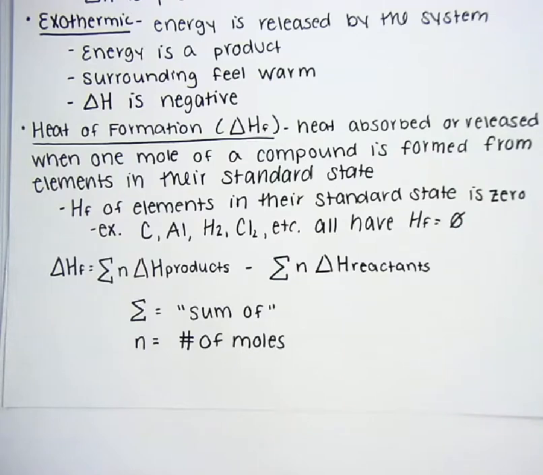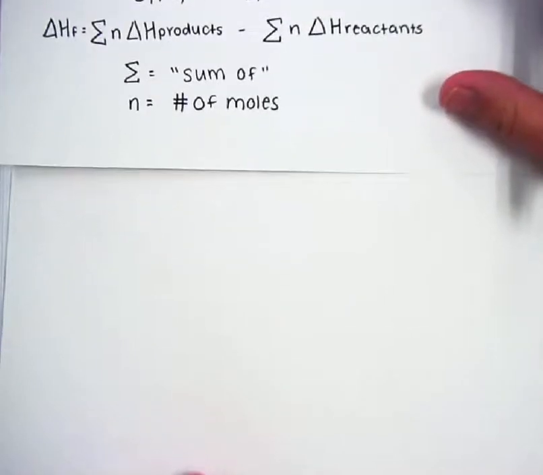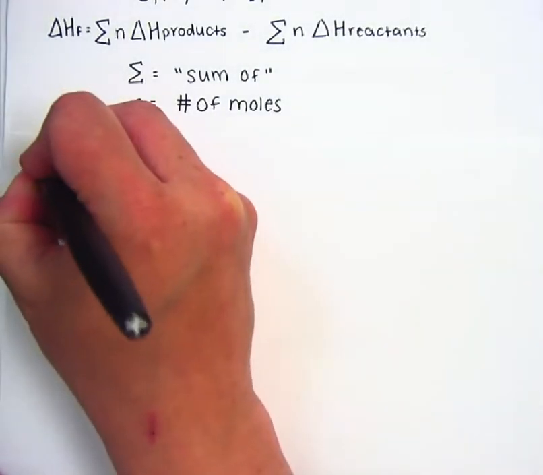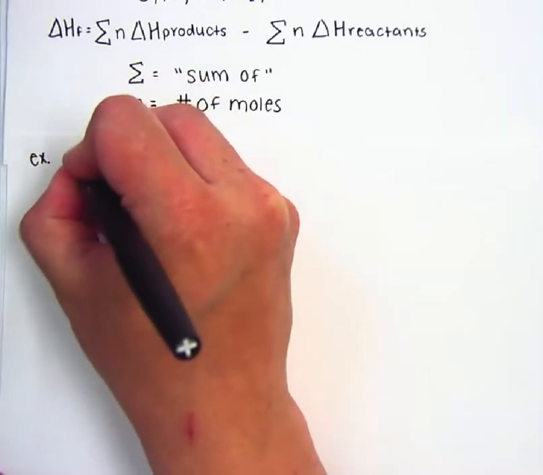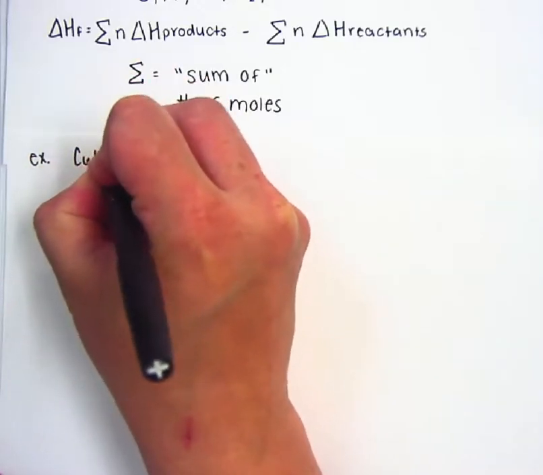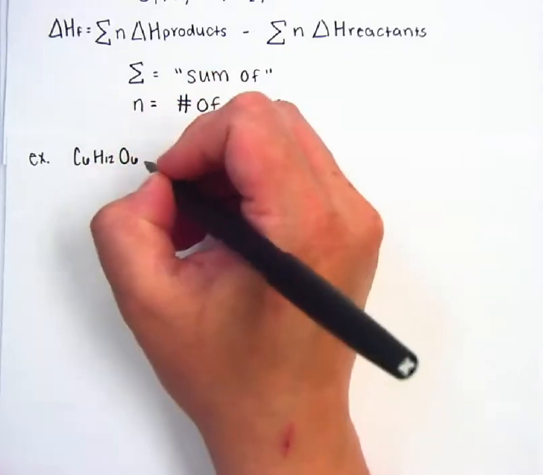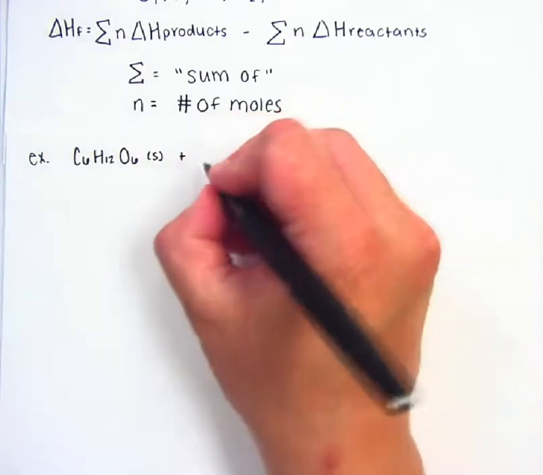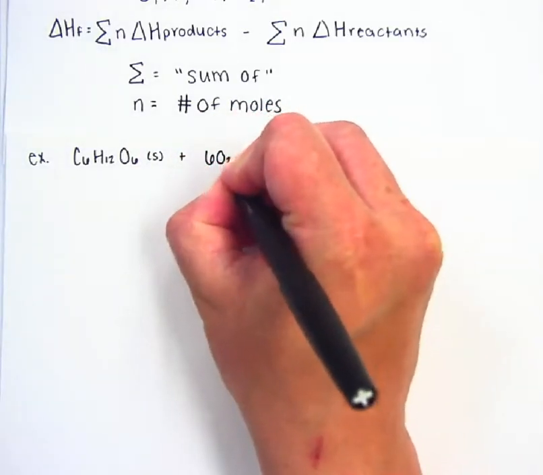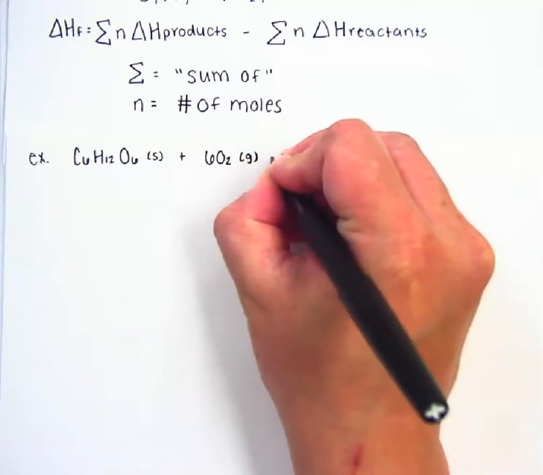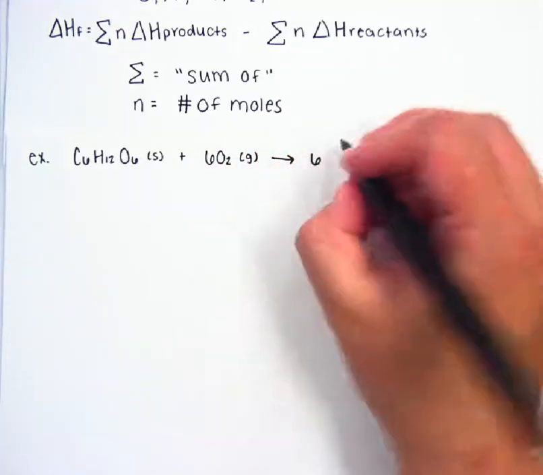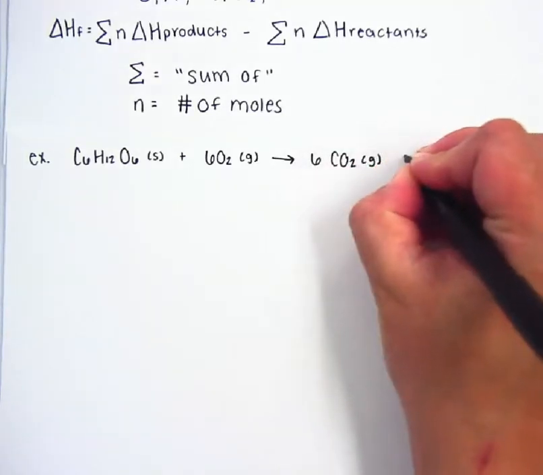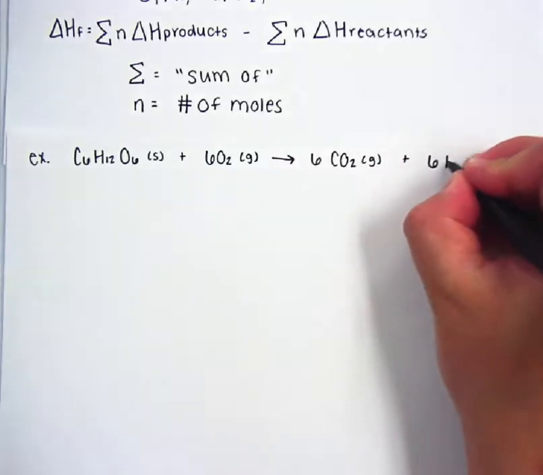First example. C6H12O6 plus 6O2 produces 6 moles CO2 plus 6H2O.